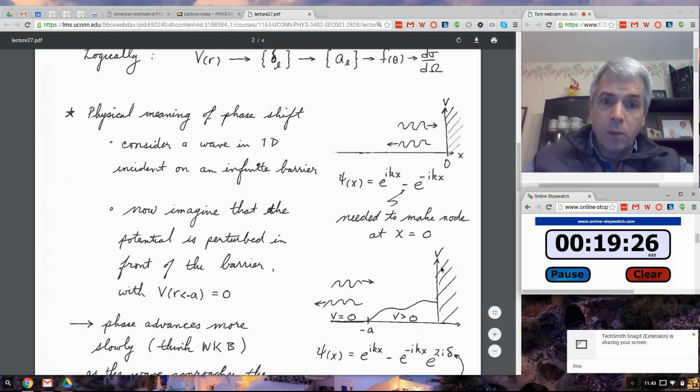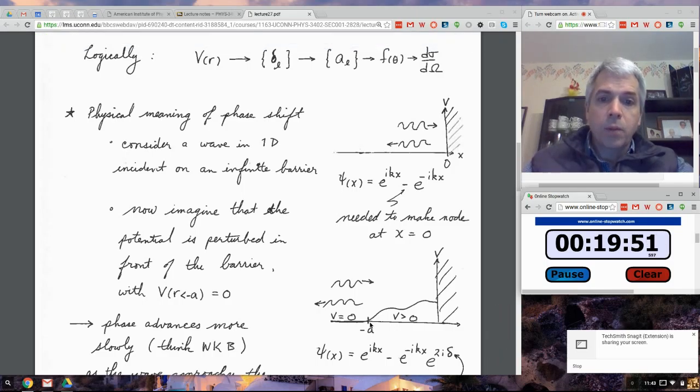We're going to tweak the problem by imagining that some section leading up to the barrier has now some arbitrary potential that's non-zero. However, let's stick with the idea that it has a finite range, so that as you come away from the barrier, eventually you reach a point, say at a distance a away from the barrier, where the potential is again 0. And we restore free propagation all the way off to the left to infinity.